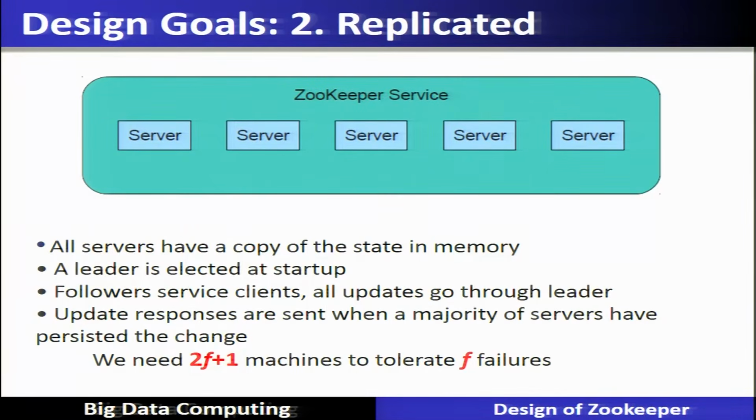So, the second goal of Zookeeper is a replicated service. Here the Zookeeper runs on an ensemble of servers. Here we have seen there are 5 different servers; it can be many more also which run the Zookeeper service.